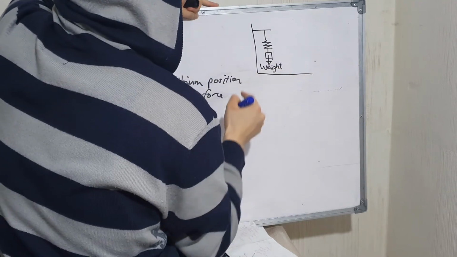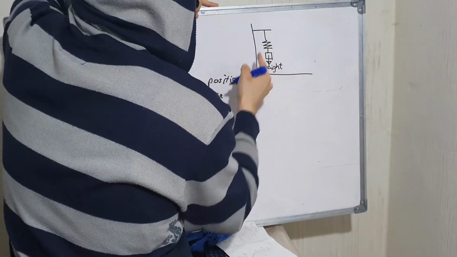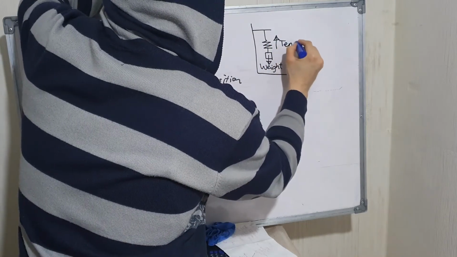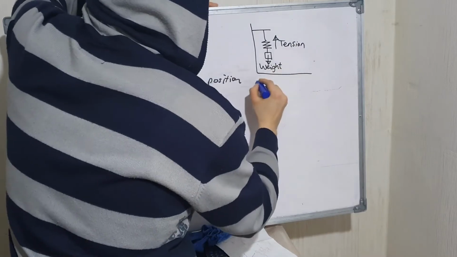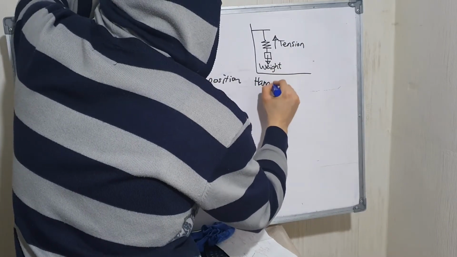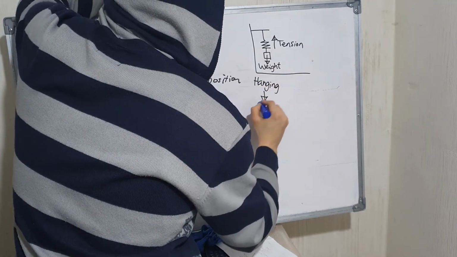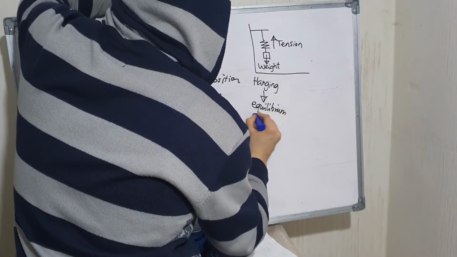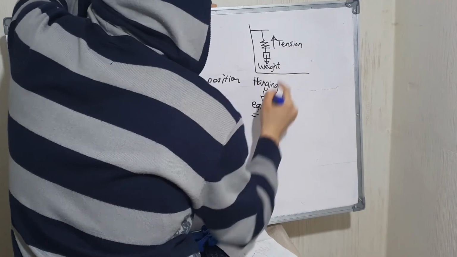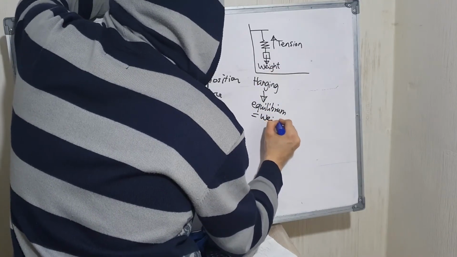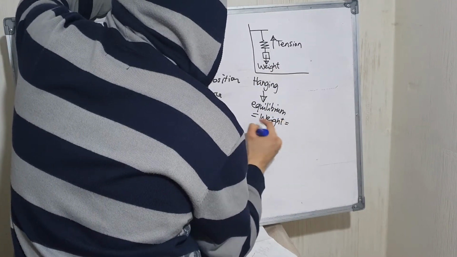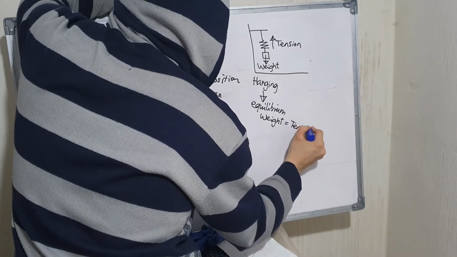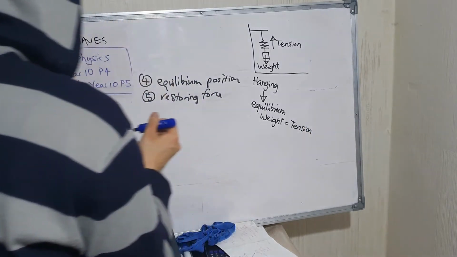So the weight is acting down, and in the spring there's tension, and that's acting up. Now, because it's hanging, it is in equilibrium. And what does that mean? That means the weight is equal to the tension.